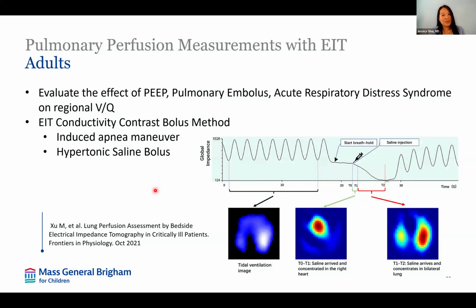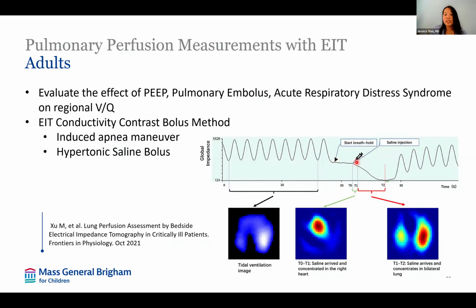Look at the adults, who explored this first. The method they've established is to use a conductivity contrast bolus method. What that means is that they only perform this on intubated patients who they're able to medically, or on the ventilator, cause a breath hold, so that you don't get interference from the changes of impedance during a respiratory cycle.